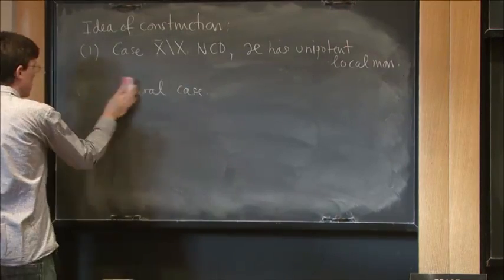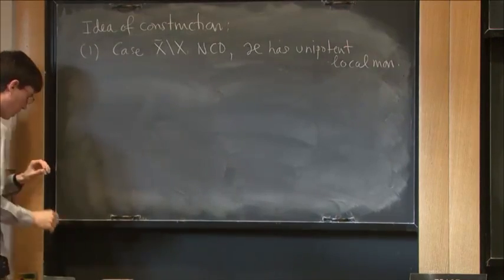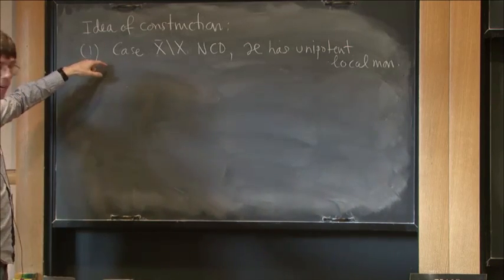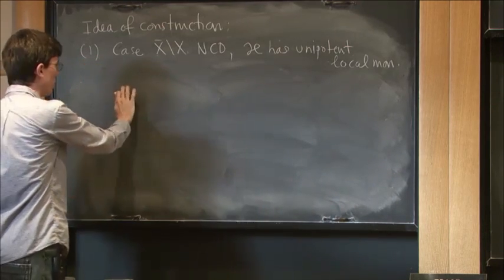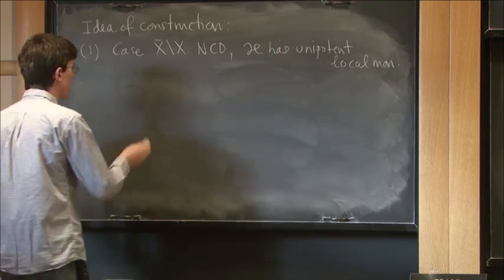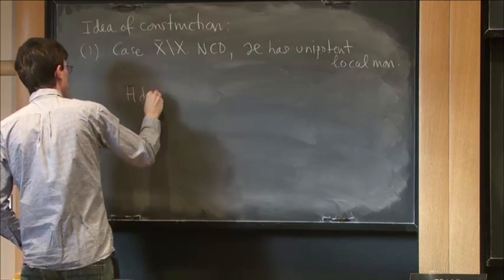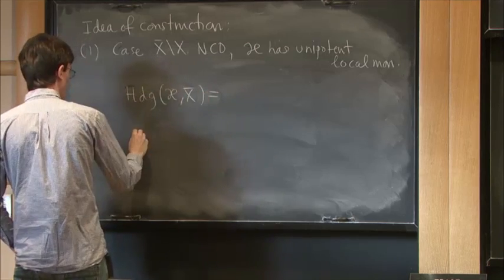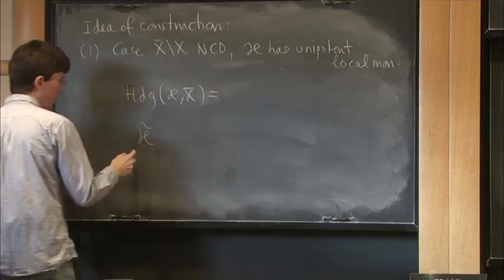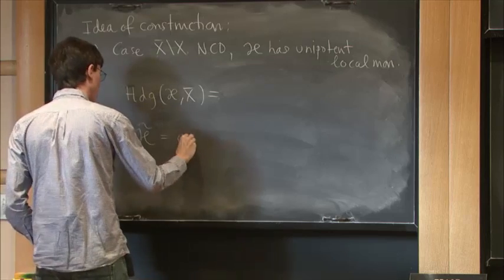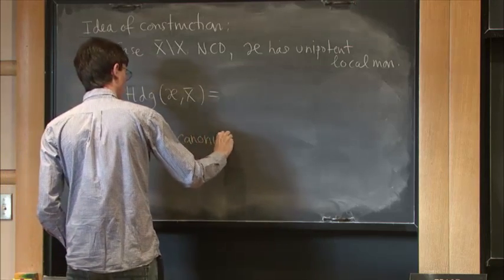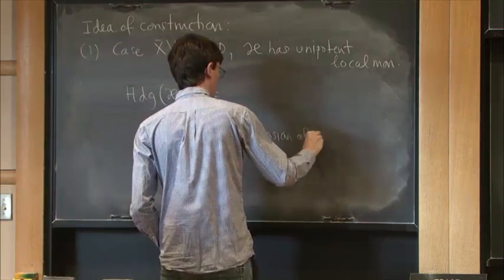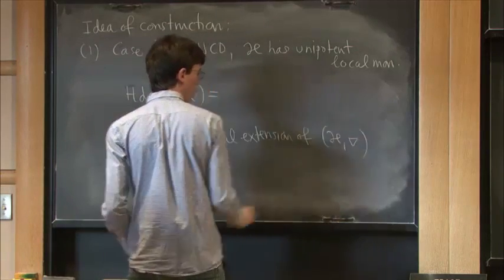So maybe, again, because everyone seems to want to know it earlier than I was going to say, in the normal crossing case, here's what you do. For those who know, I will just say what it is now. The way this will be defined is, I use this notation to denote the canonical extension of the underlying flat bundle.